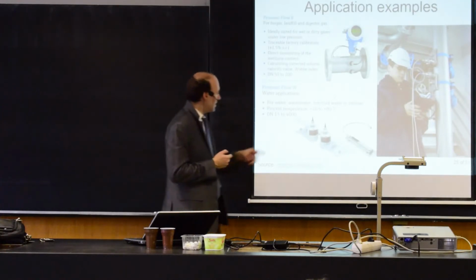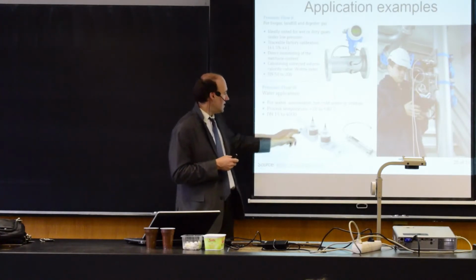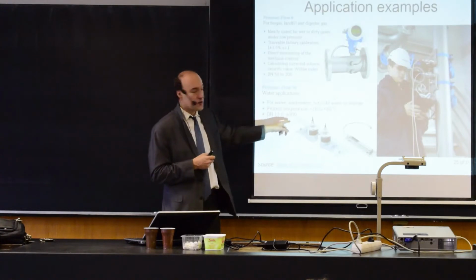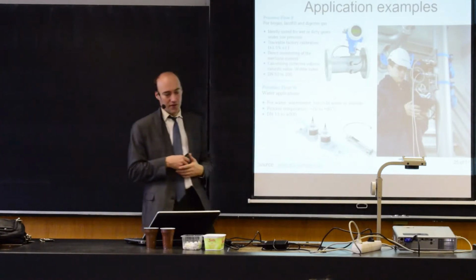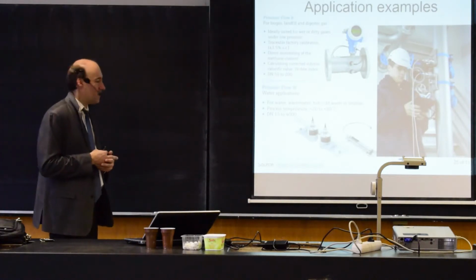So this is the inline version where you need to install it in the pipe. This is the clamp-on system. For the inline system, you see it works for large pipe diameters, so here they say up to 4 meters. You can find even larger, like 5 meters diameters.